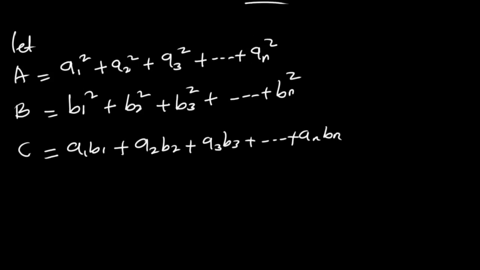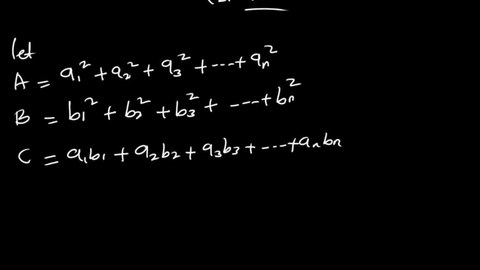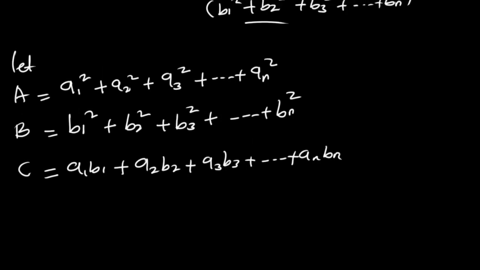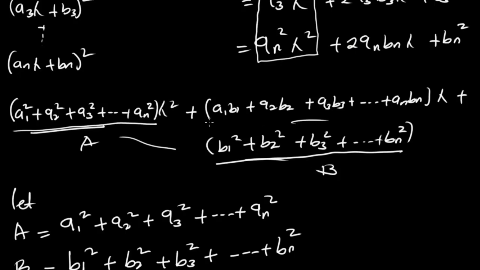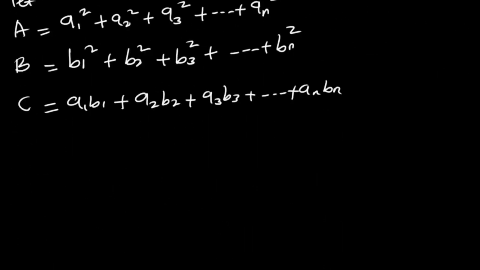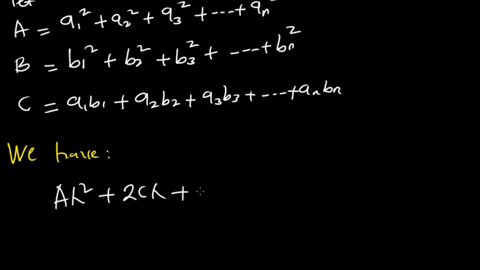So if you substitute A to be this, B to be this, and C to be a1 b1 up to an bn, we can rewrite this particular expression. We now remove this and turn it to A, remove all this and turn it to B, and also remove all this and turn it to C. So we are going to have A lambda squared plus 2C lambda plus B greater than or equal to 0.